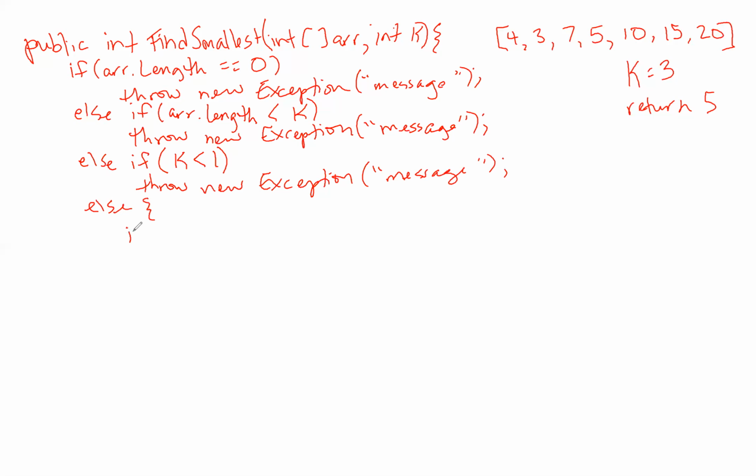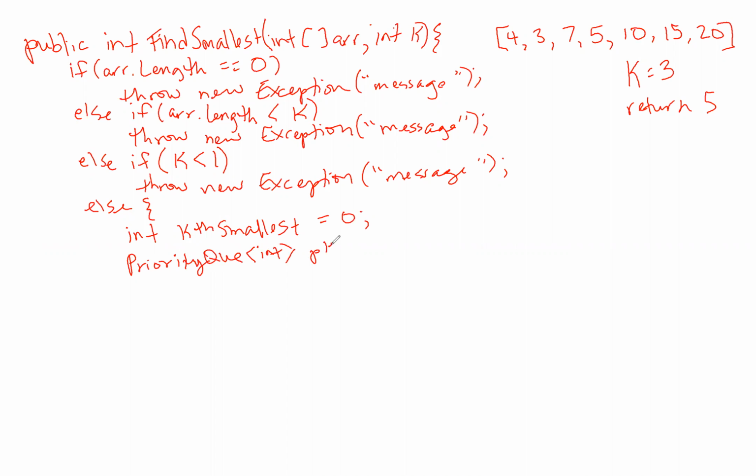So first we're going to make some variables. We need to store the kth smallest element. For now, we'll just set it to 0. We also need to set up our priority queue of ints.